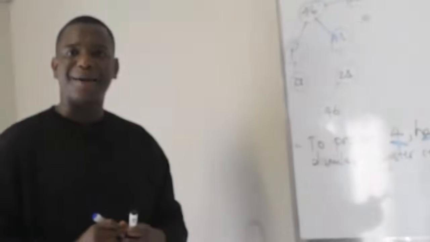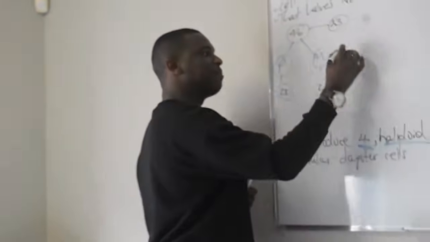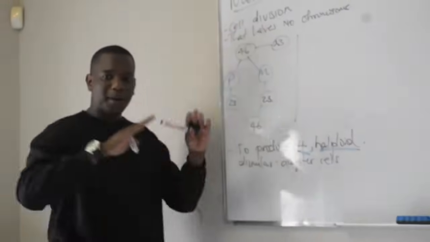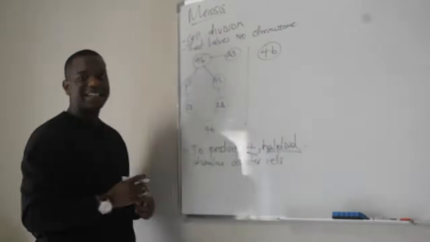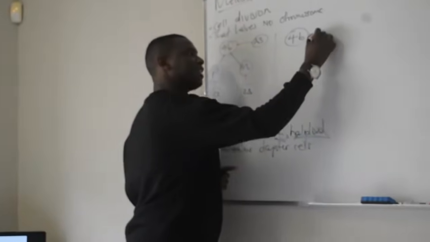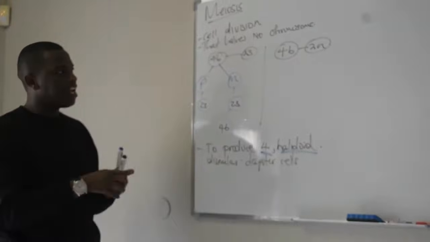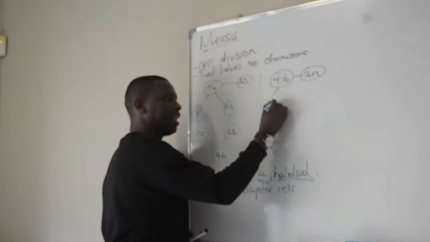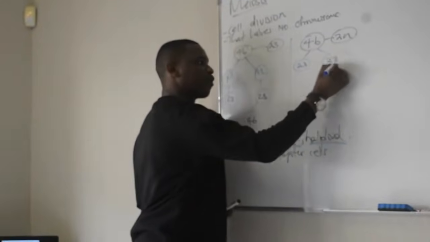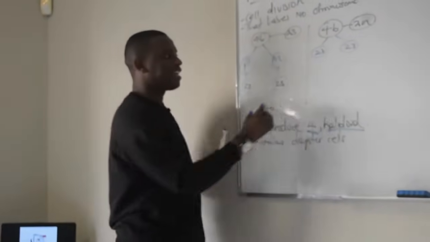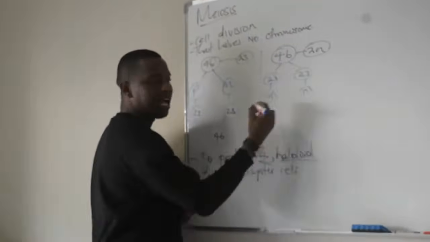Now what does the term haploid mean? When we look at the number of chromosomes, the normal human being has 46 chromosomes. This is called diploid. You are diploid. What does this mean? It means you have 23 from your paternal, your father, and you have 23 from your maternal. The 23 is rated as haploid and the other 23 is rated as haploid.